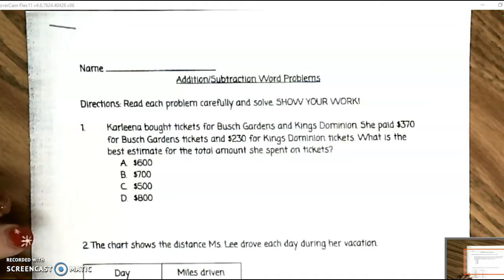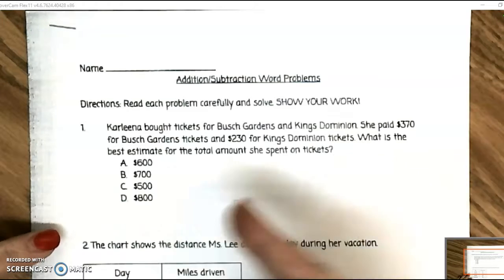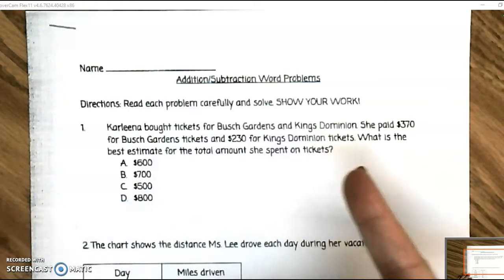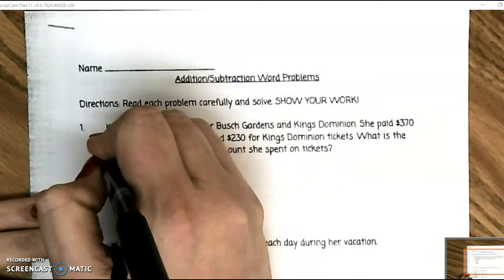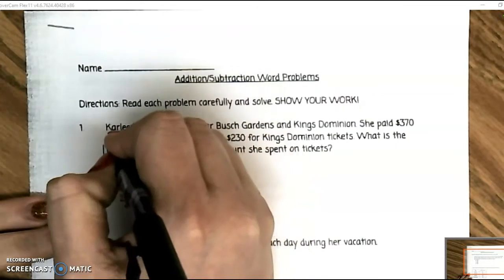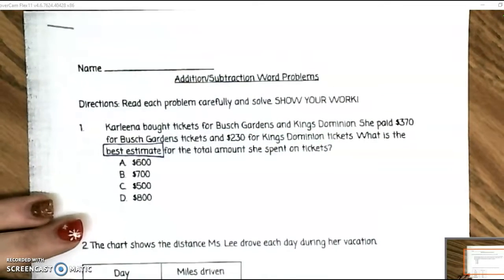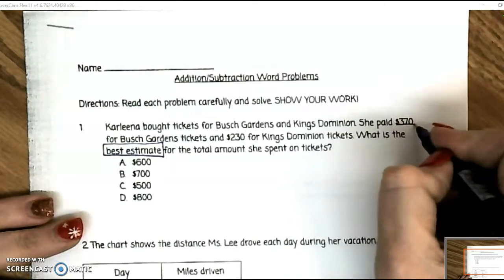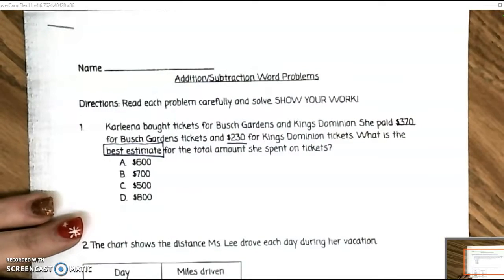So first off, in the question part of the statement, it says, what is the best estimate? So because of that, I know I'm going to make a best guess. And when I do that, I have to take these numbers in my problem and round them first.